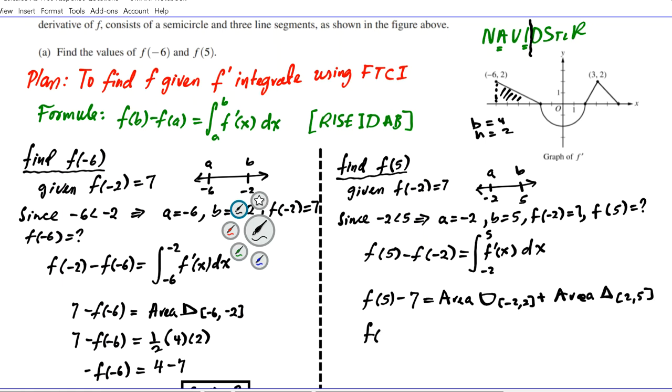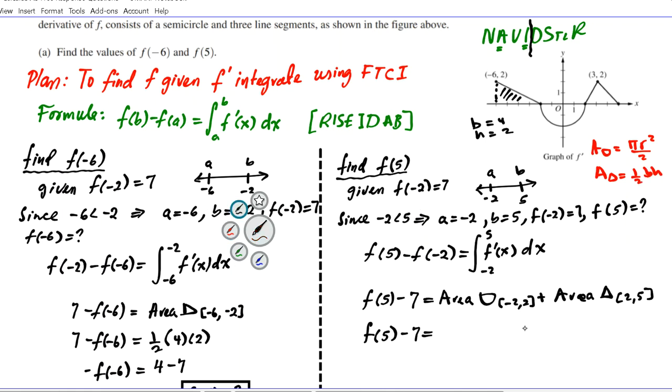In this particular case, we're going to be flexing our geometry muscles. The area of a semicircle is pi r squared over 2, since the area of a circle is pi r squared. And we already know that the area of a triangle is 1/2 base times height, or base times height over 2.